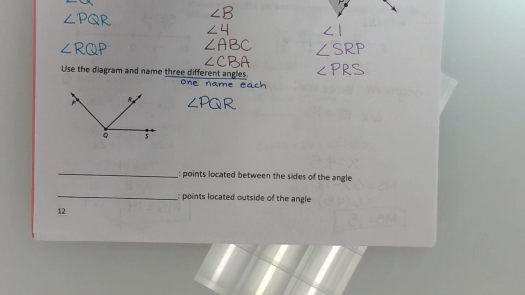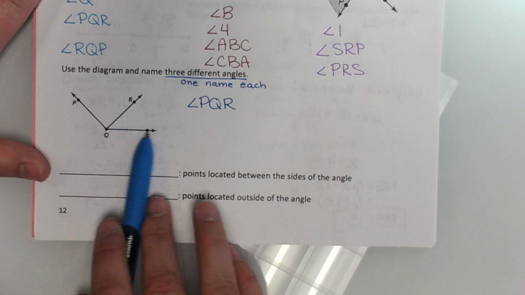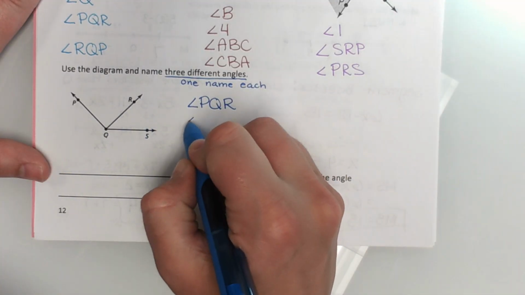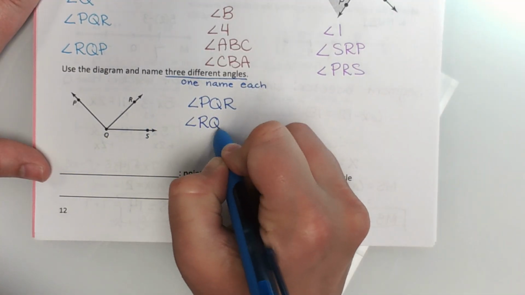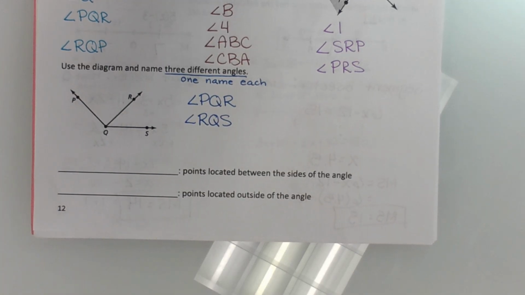Planes, for example. Okay, so angle PQR. That's that one. How about the smaller one here? RQS. The last angle is the big angle of the picture. PQS.